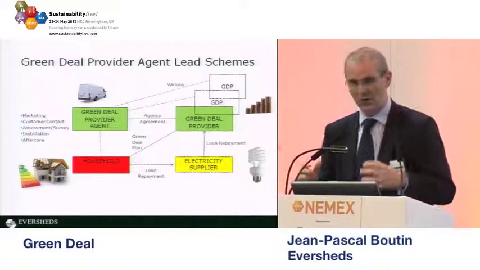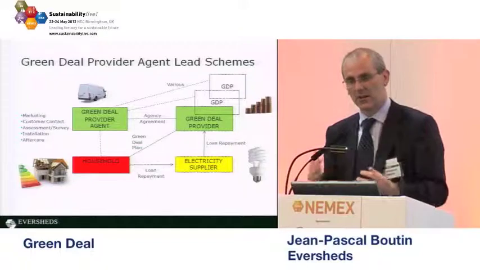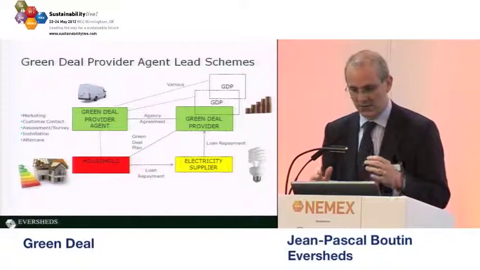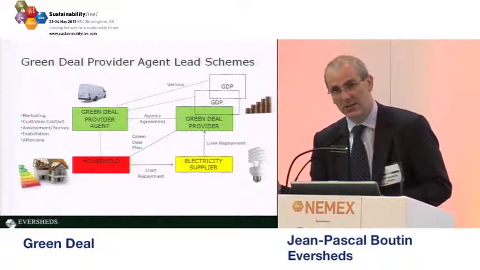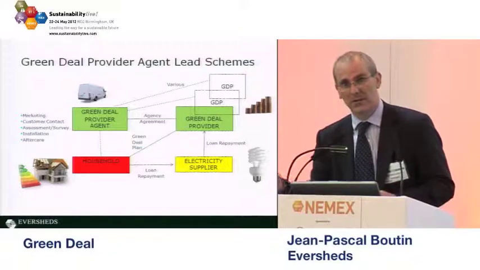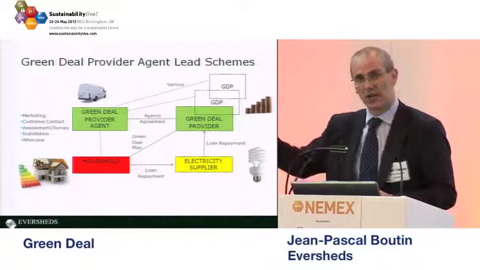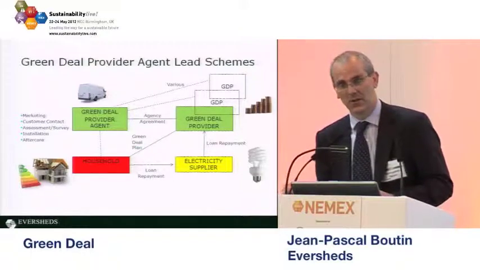And so once they've agreed the terms of the energy-saving measures with the householder, they will then contact the Green Deal provider, who will then provide the financing and enter into the contract directly with the householder.